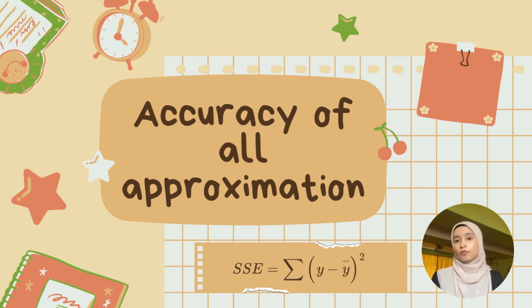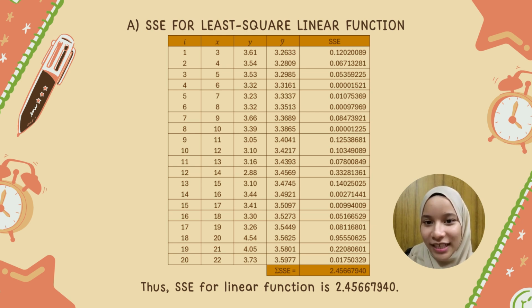So the formula of SSE is the summation of y minus y bar squared. To find the SSE for a least square line, first we need to find y bar by substituting the x value into the equation for the least square line that we got earlier. After that, we find the squared error by squaring y minus y bar.